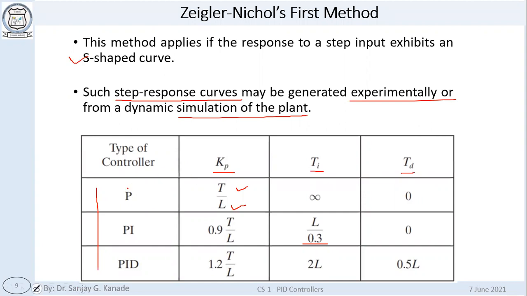As you can see, when there is only a P controller, what does it mean? It means that the proportional component is present, that is Kp is present, whereas the integral and derivative components are absent.